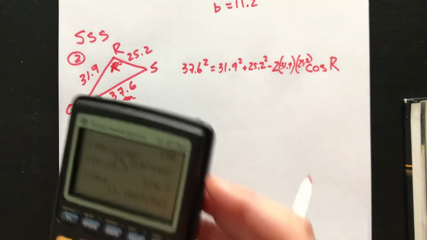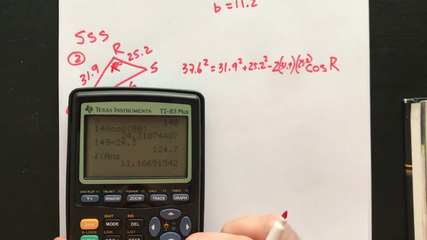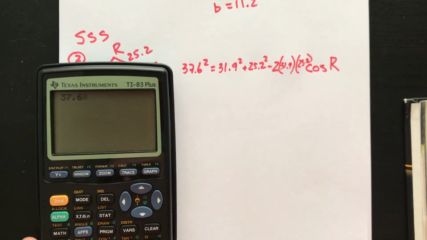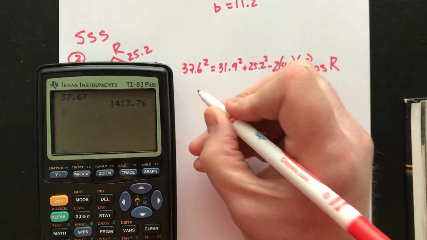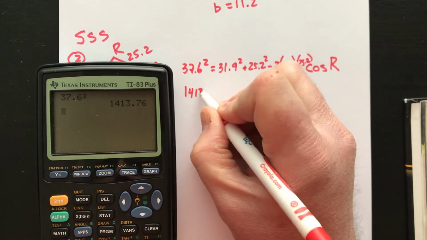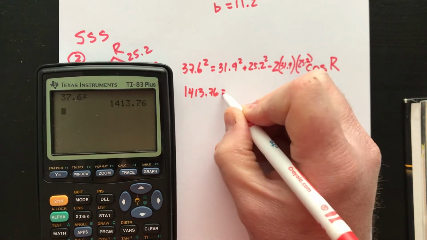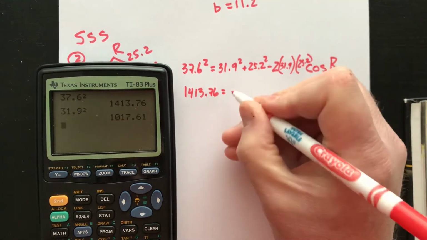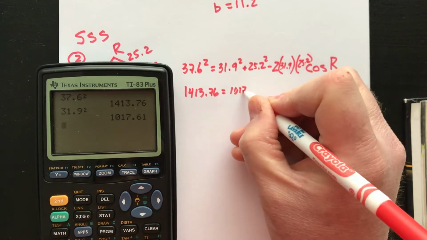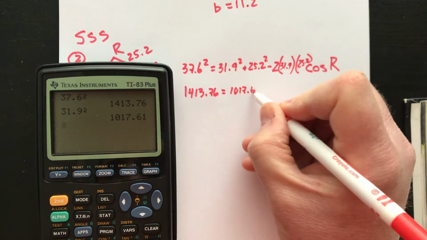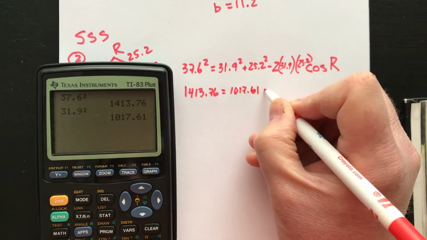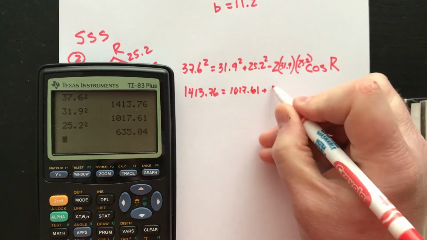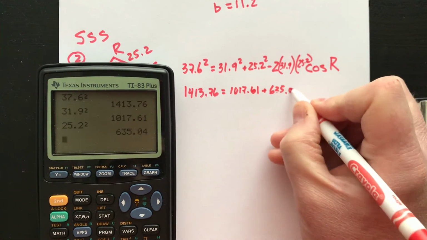So I'm going to go to my calculator again. I'm just going to start doing this one step at a time. 37.6 squared is 1413.76. You can see how this is going to get messy. 31.9 squared is 1017.61 plus 25.2 squared is 635.04.